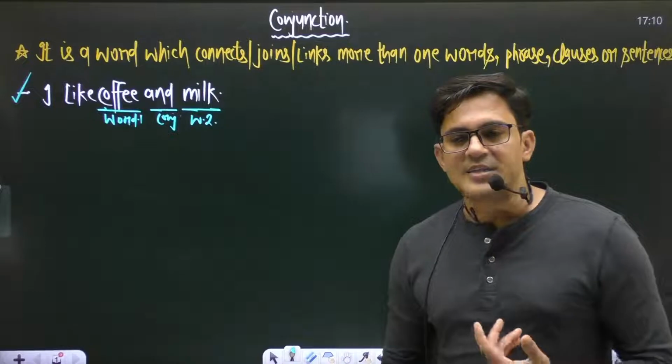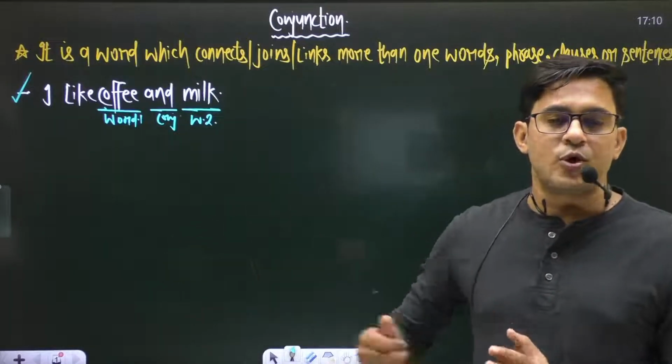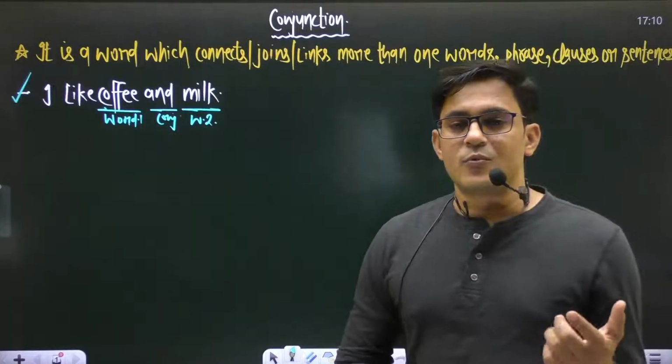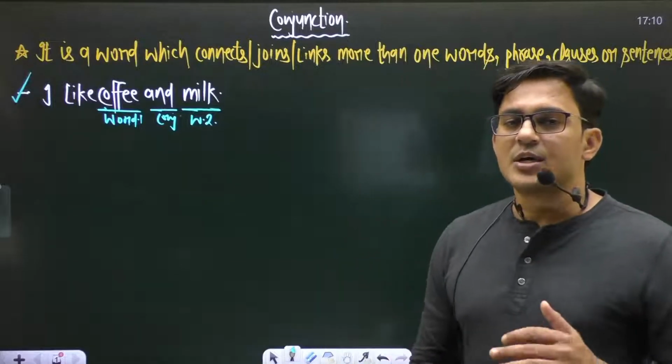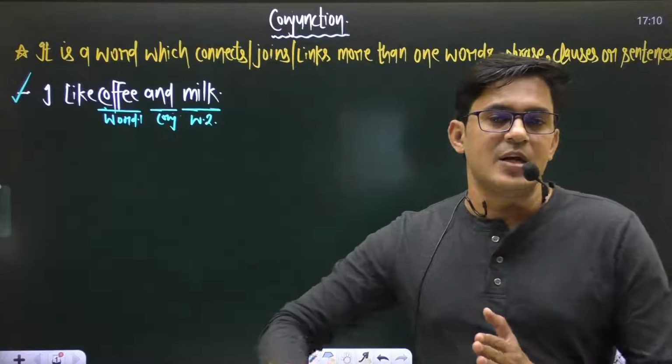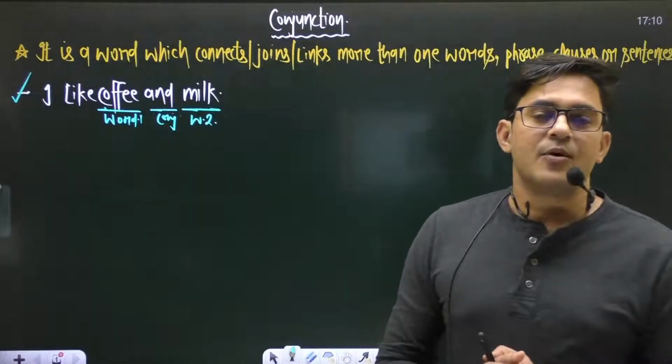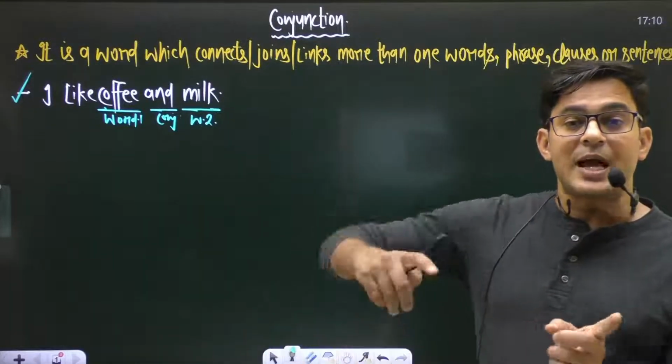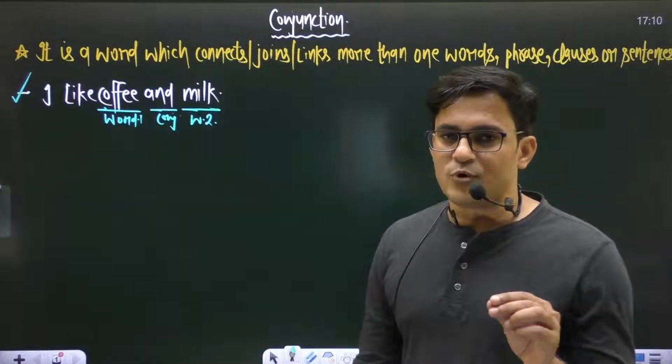So let's imagine when conjunction was not here in our language, how we used to speak such sentences to convey our meaning, to convey our messages, right? How could we speak at that time when conjunction was not present?